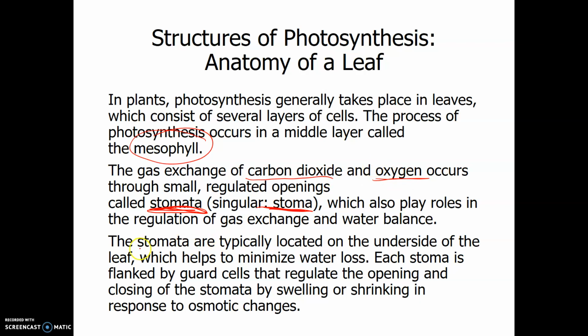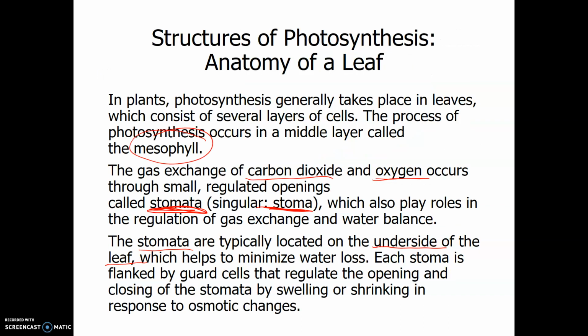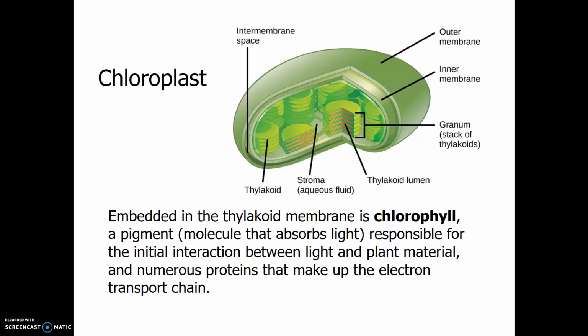The stomata are typically located on the underside of the leaf, and that helps to minimize water loss because water vapor also leaves through the stomata. They can close and open to conserve water. But basically, the stomata are the pores where carbon dioxide enters and oxygen leaves.